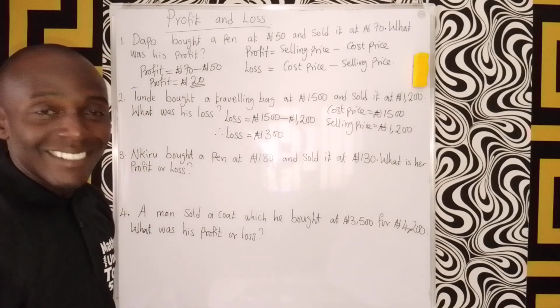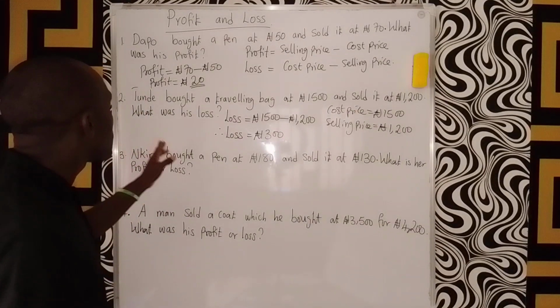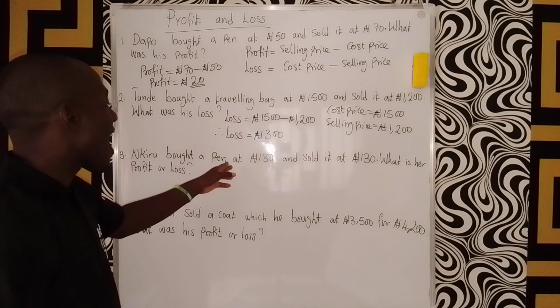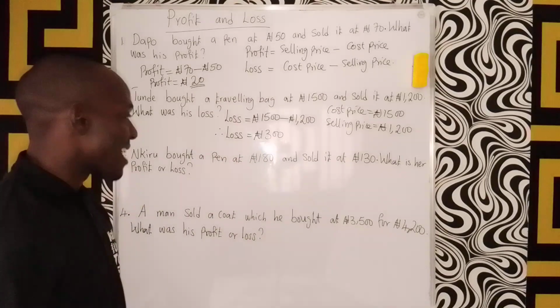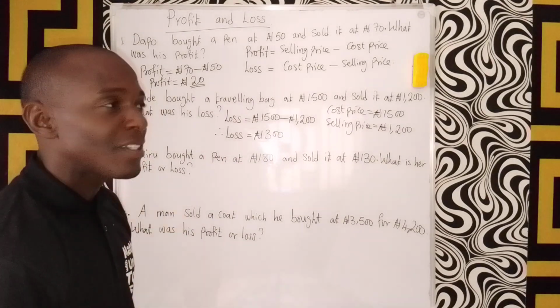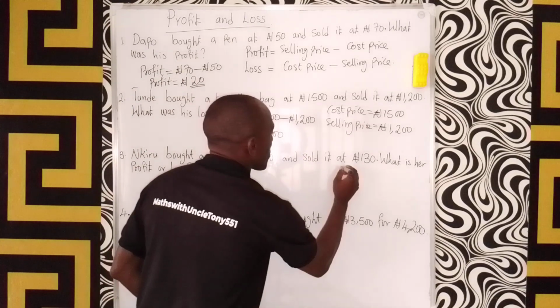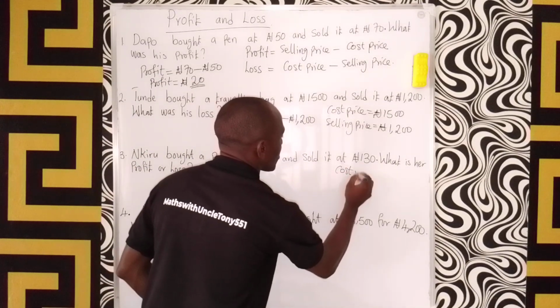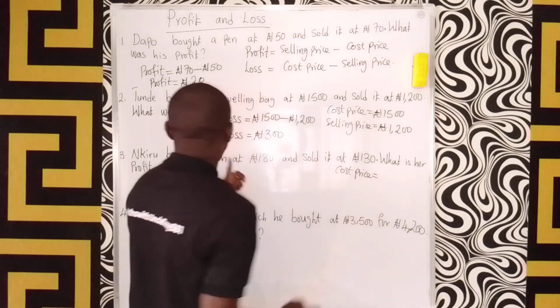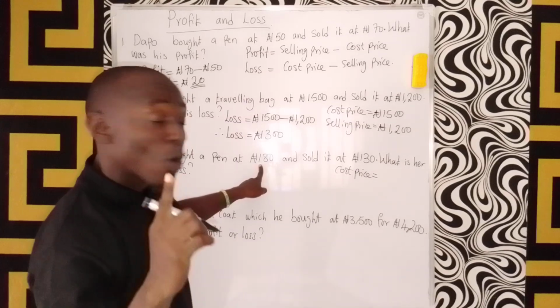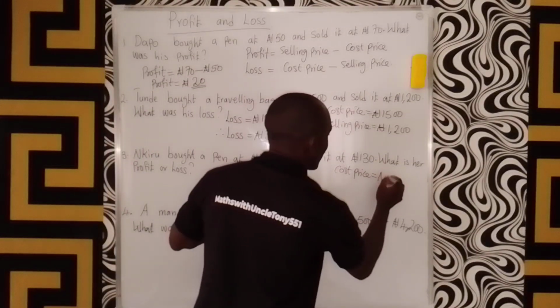Number 3 says Nkiru bought a pen at 180 naira. Bought signifies cost price, 180 naira.